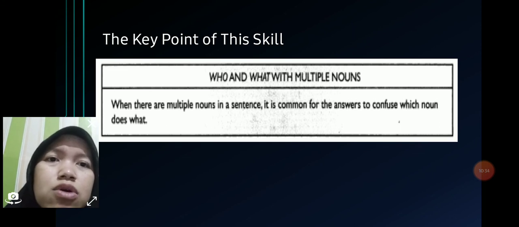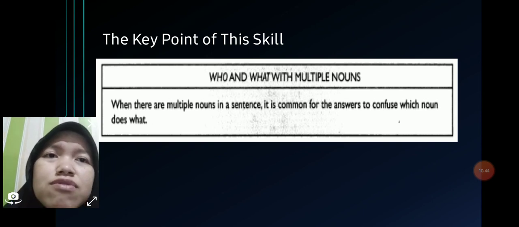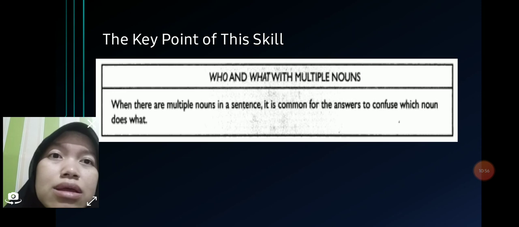You have to know the first noun, the first who, or the first noun-dash-word. You have to know that, and then you check for a similar meaning in the answer sheet, like that.